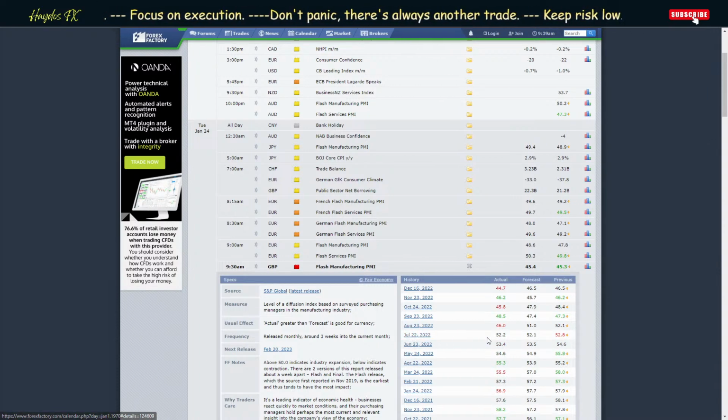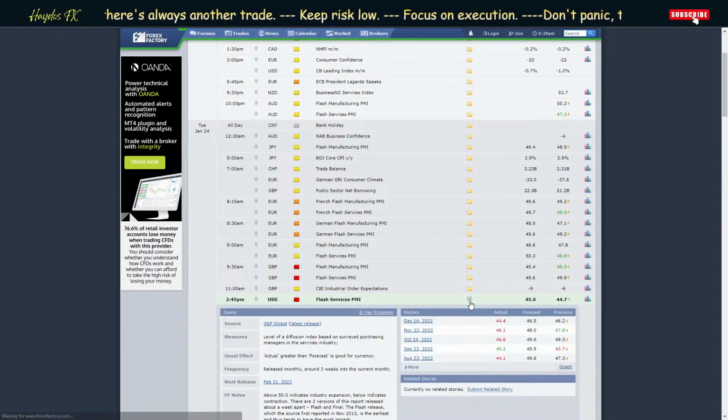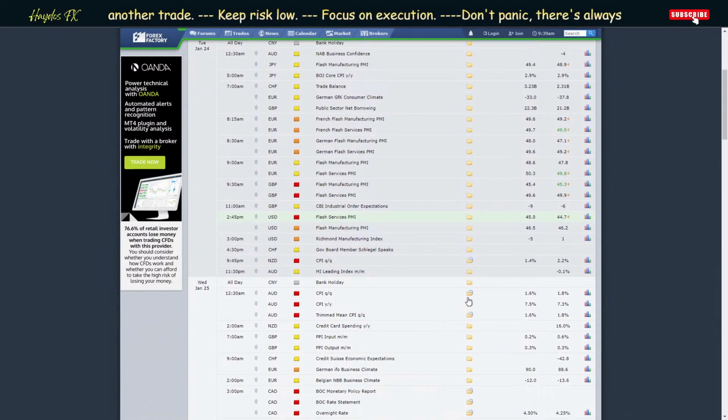This will be the second quarter of numbers less than 50, which is recession. But we know we're in a recession. It's just now the numbers are confirming that. USD PMI, bad numbers. Yep, that's the way the world is.